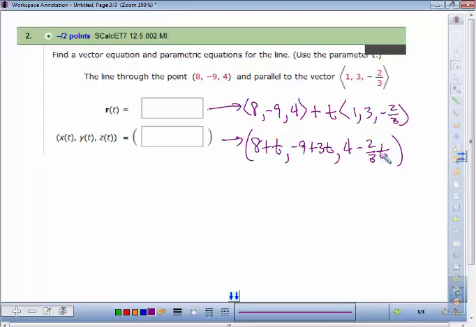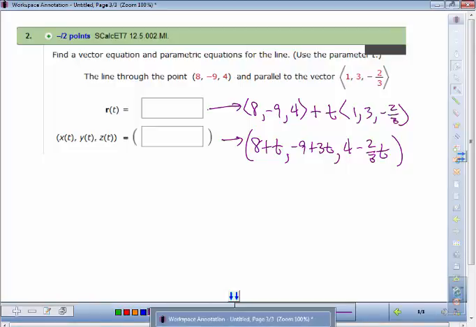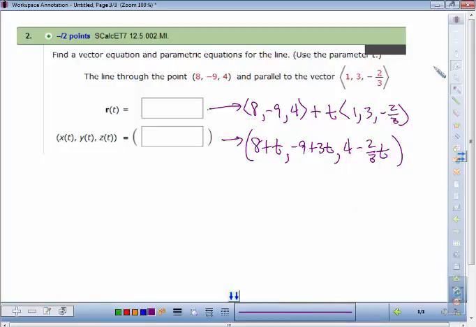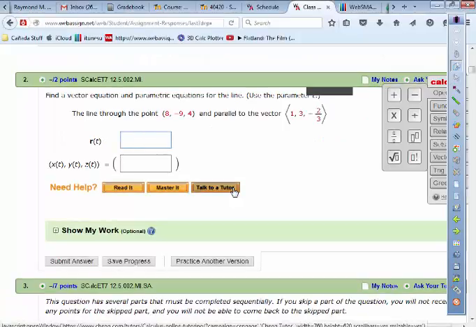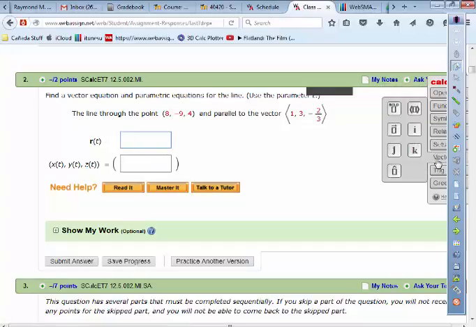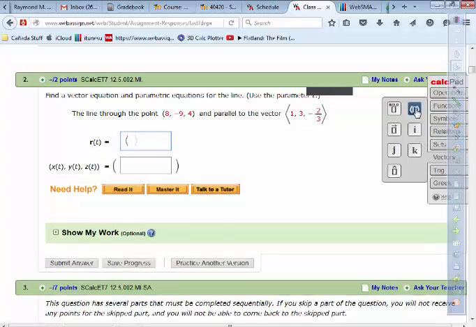Let's try putting it exactly how it's written up there and see what WebAssign says. So this is when you start playing with vectors a little bit more. You can use i, j, k's if you want, but I think I prefer to use the vector notation here.